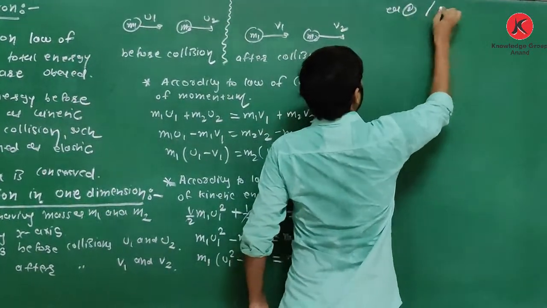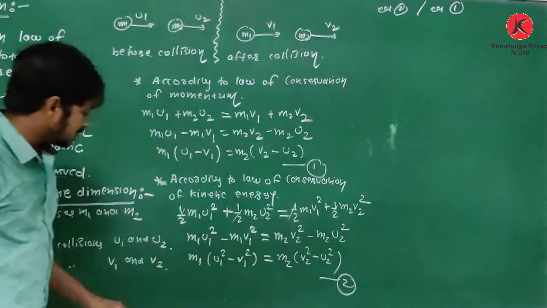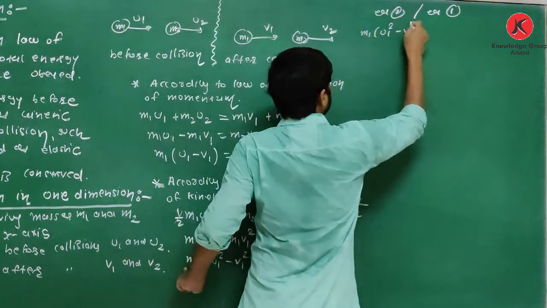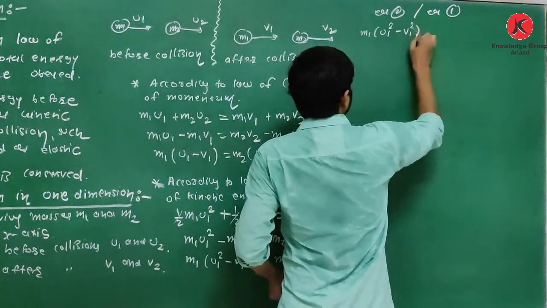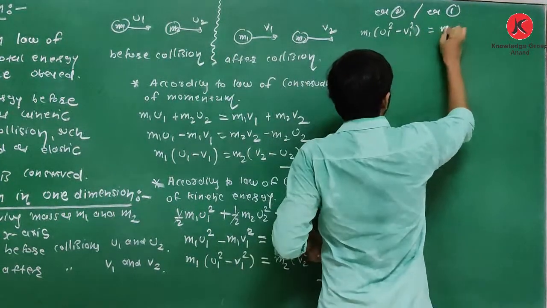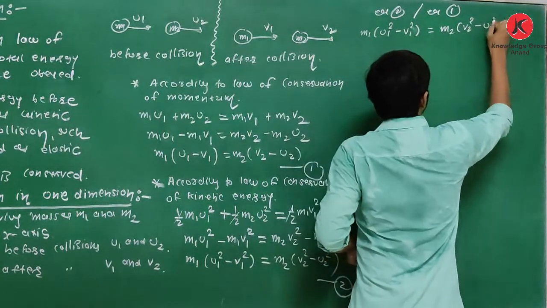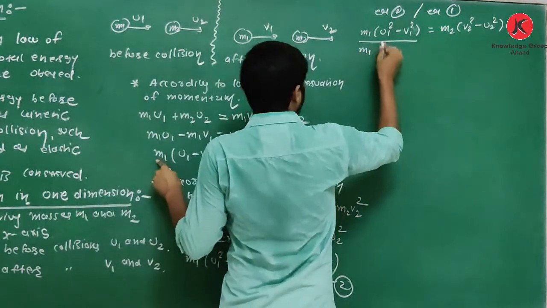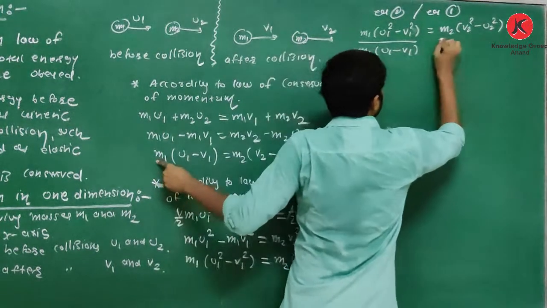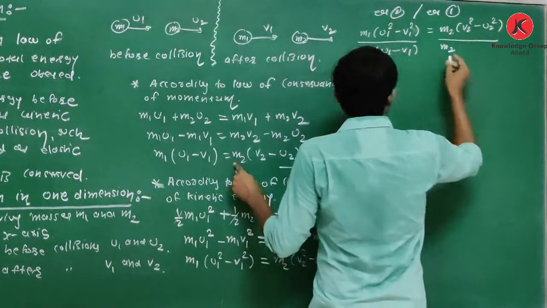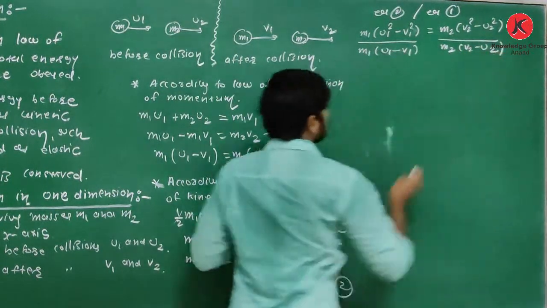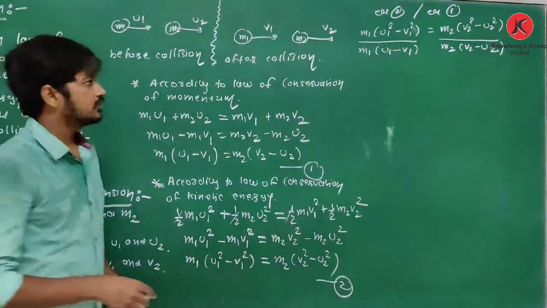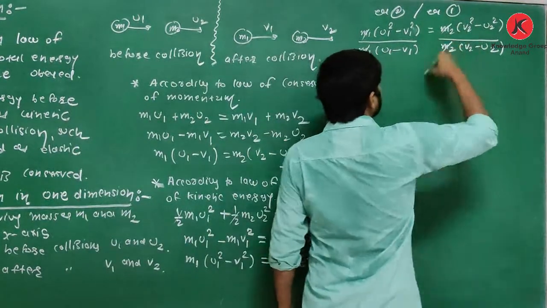Here it is m1 times (u1 square minus v1 square) equal to m2 times (v2 square minus u2 square), divided by equation 1, m1 times (u1 minus v1) equal to m2 times (v2 minus u2). So m1 cancels, m2 cancels.